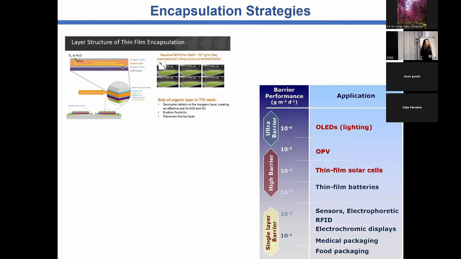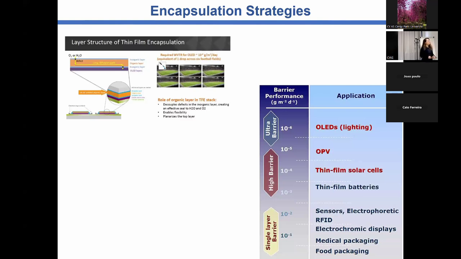Going to OPV, since solar cells or thin film batteries, the barrier can be lower, and working with sensors and also some medical packing, this laminator barrier has lower performance of water intake rate.